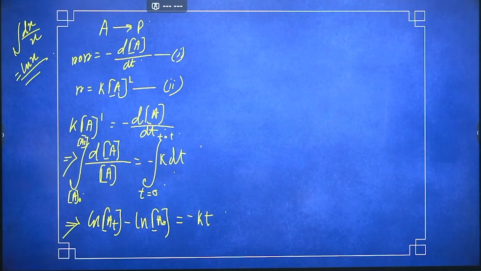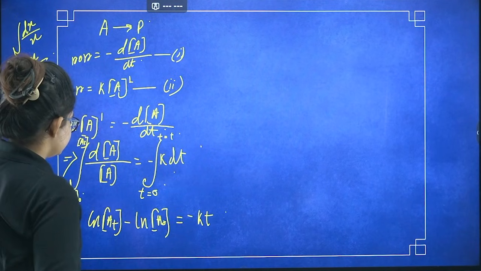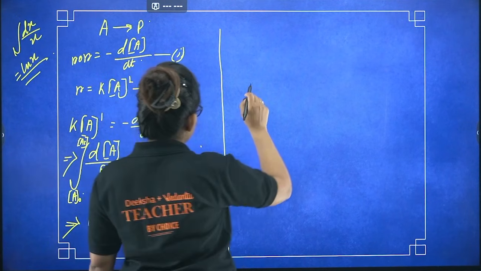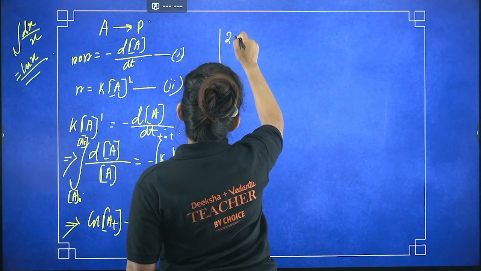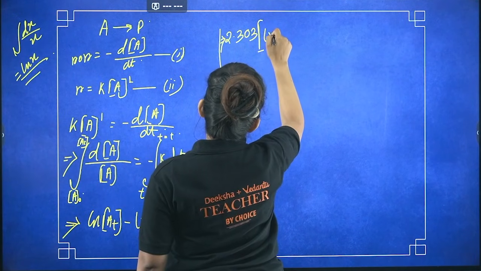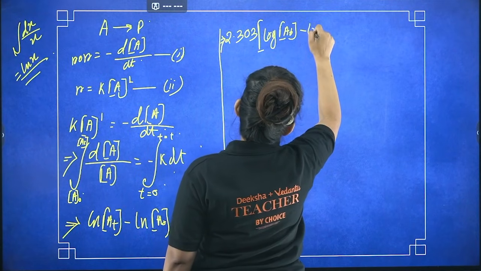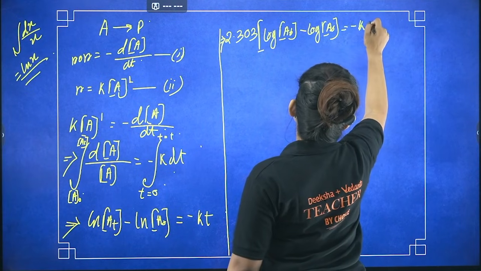Utilizing this I can also create the graph, using the ln value itself. See, it's coming as a straight line equation, but I wish to do it with respect to log. It will be even more convenient for you. Let's do it. If I take 2.303 common, I can make it log of At minus log of A0 equals minus Kt.